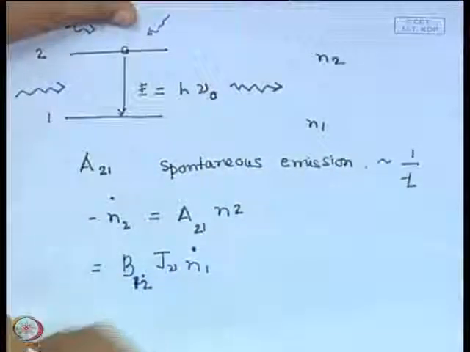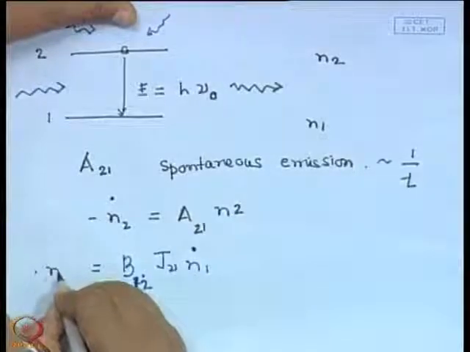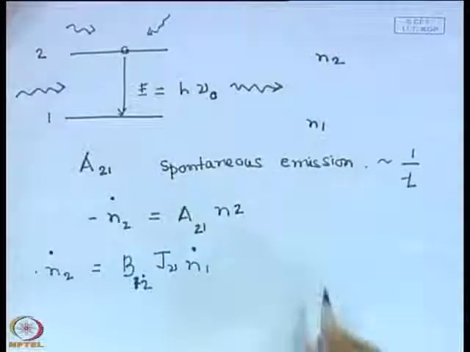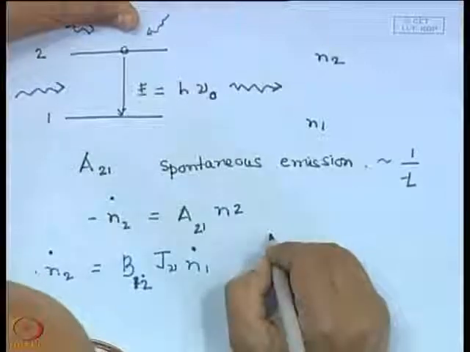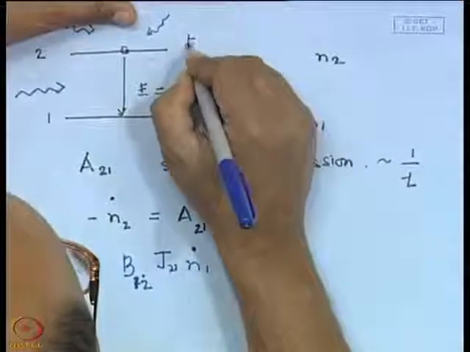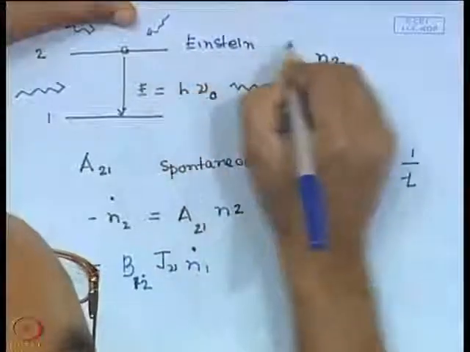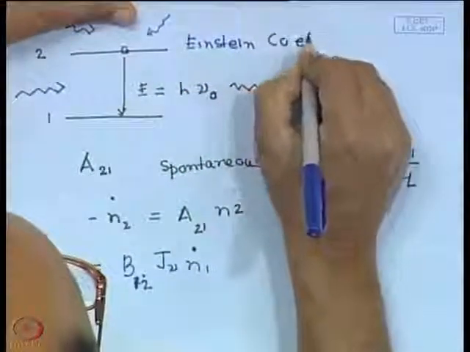So this is going to be N2 dot. So we have these two processes, and these two coefficients A and B are referred to as Einstein coefficients.